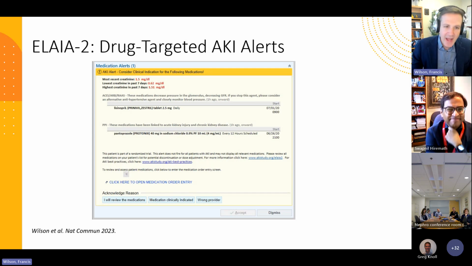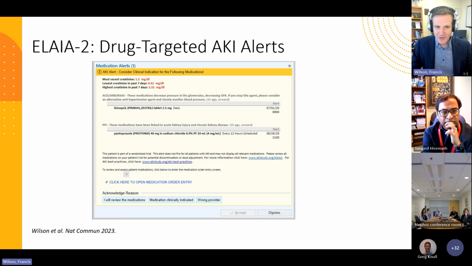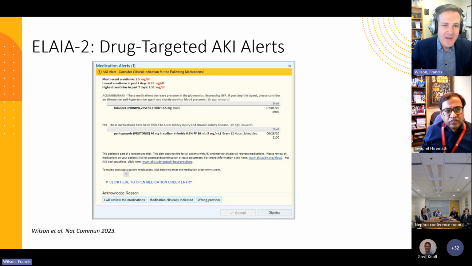We're still telling you what the creatinine is and how much it's changed, but now we're telling you what drugs this patient is on, with some very carefully worded language, which, again, is how the sausage was made. We went back and forth quite a bit with the IRB about the language of this to make sure it's a low risk or minimal risk intervention. We had to give a lot of autonomy to our providers.